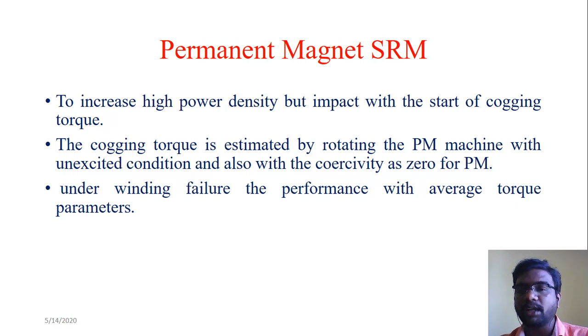Not only choosing a permanent magnet is essential, but also I have to place the permanent magnet in a proper direction of flux. Suppose I am placing north pole and south pole, but in some motor, if I reverse the direction of the permanent magnet, that is south pole and north pole, then I can get a high value of torque, such that the cogging torque will be reduced. So that analysis we see now.